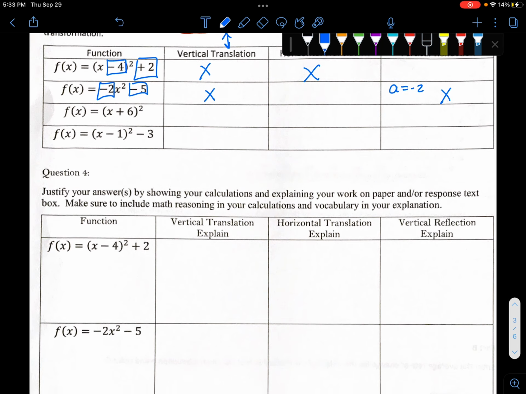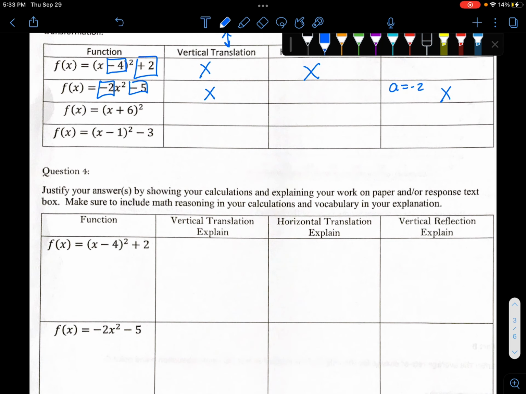And then you explain your answer down here. For the first one, vertical translation, you shift up 2 times. Horizontal translation, you shift right 4 times. Remember, if it's inside the parentheses, it's the opposite.